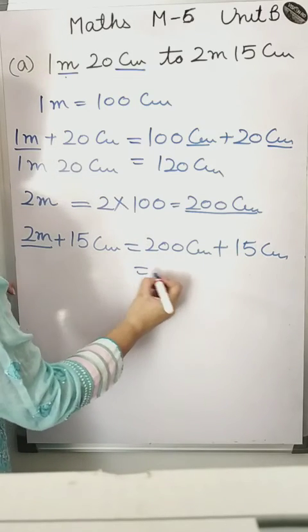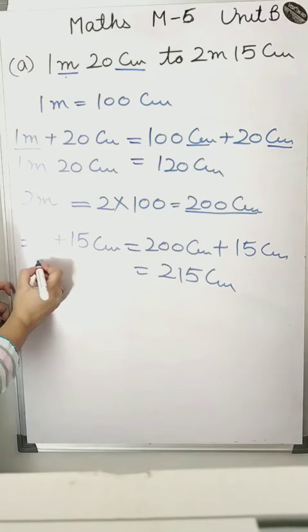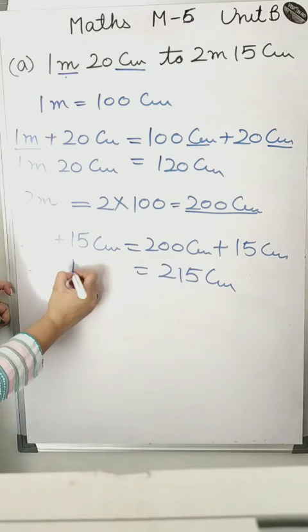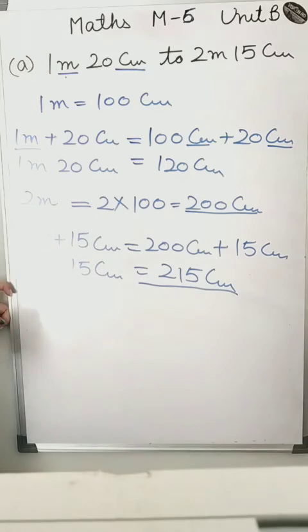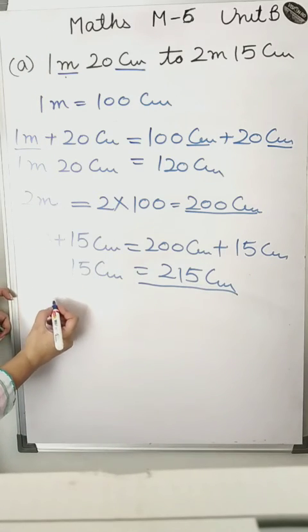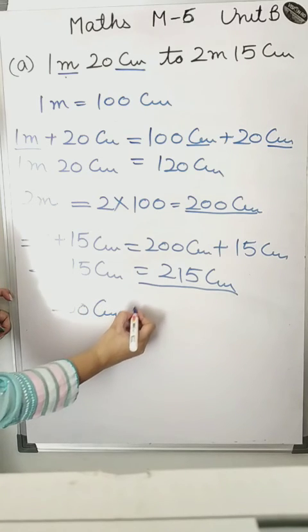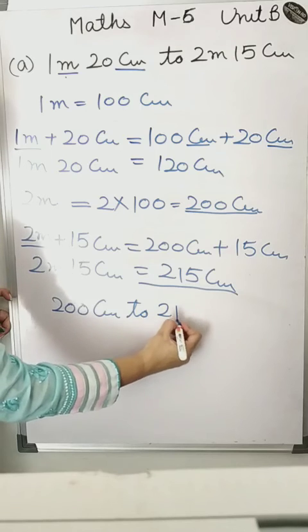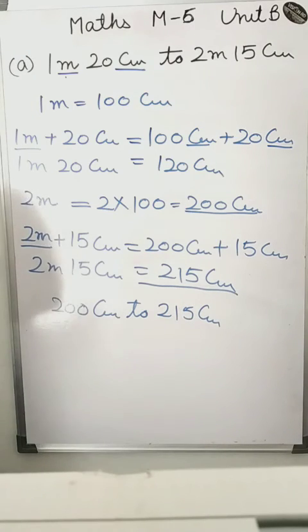So it is equivalent to 215 centimeter. So 2 meter 15 centimeter is equivalent to 215 centimeter. Now the question becomes 120 centimeter to 215 centimeter. Right? Now just see how we solve it.